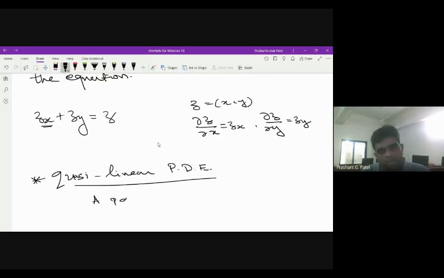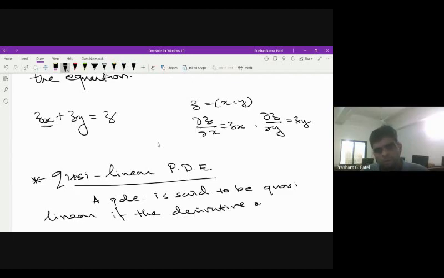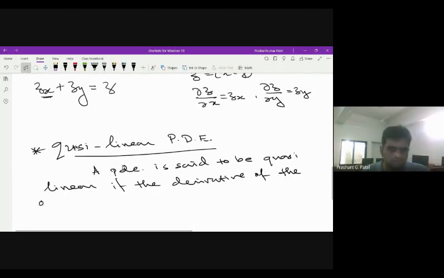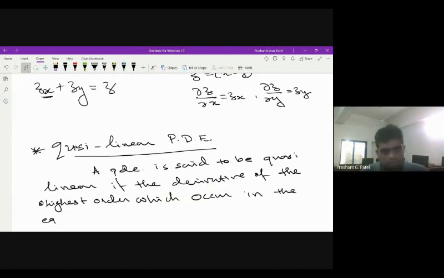A PDE is said to be quasi-linear if the derivatives of the highest order which occur in the equation are linear.